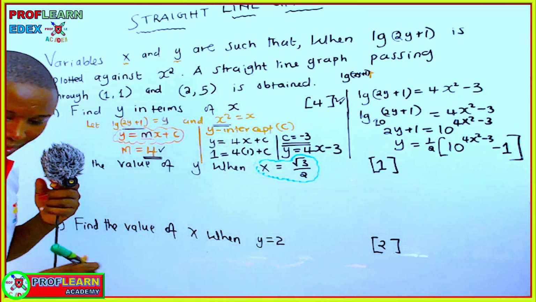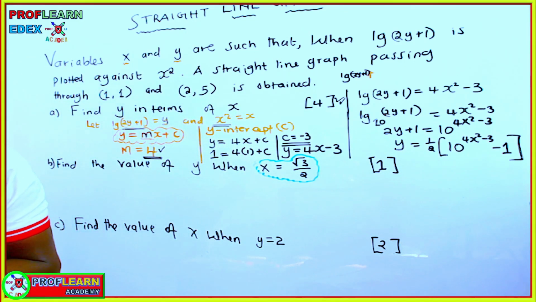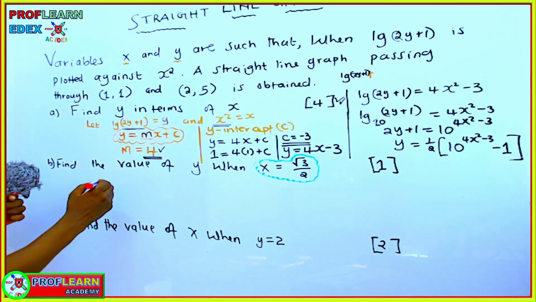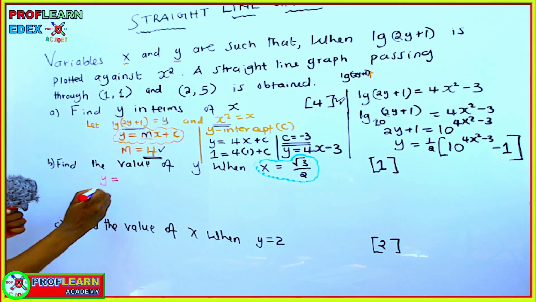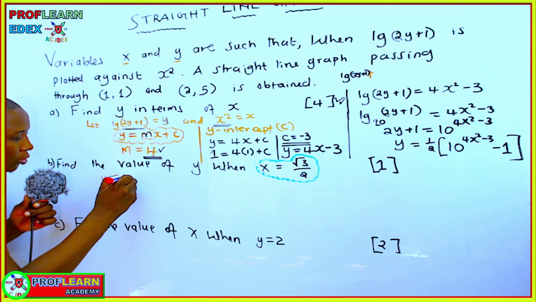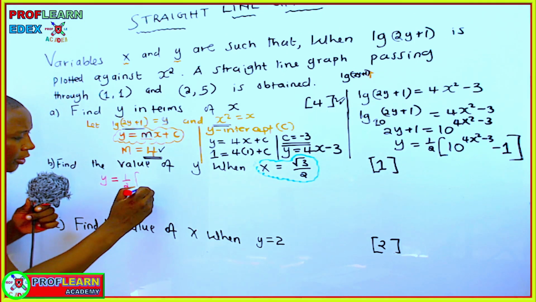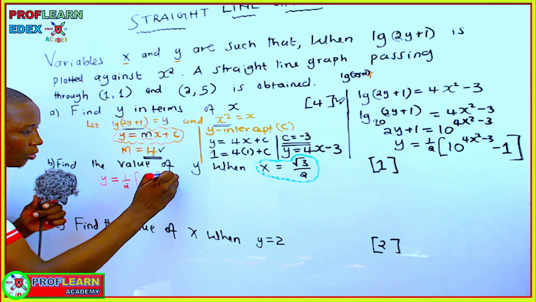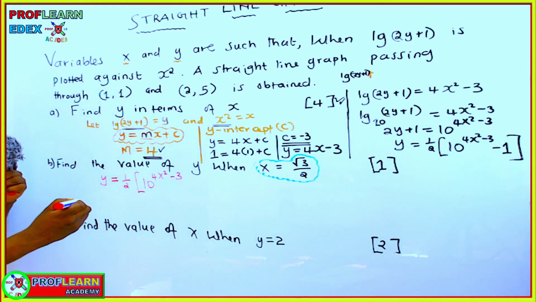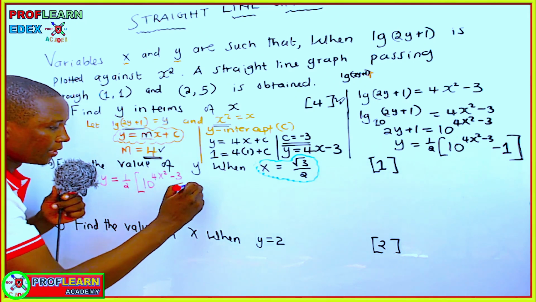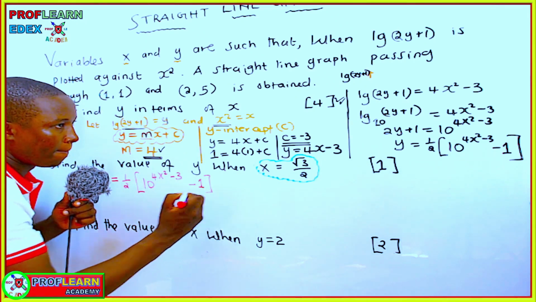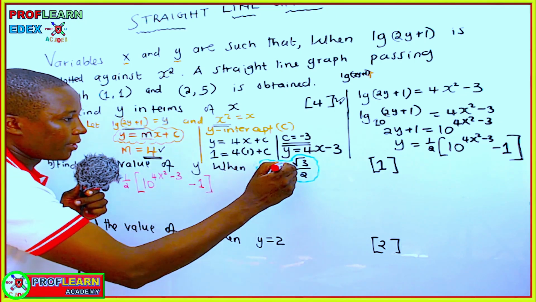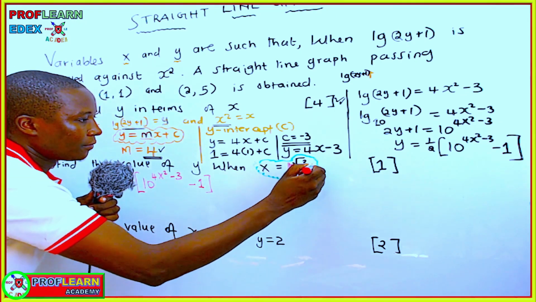So in order to work this out, we say y is equal to a half into bracket 10 raised to power 4x squared minus 3, then minus 1, right? So we are going to replace x with this part that we have here.